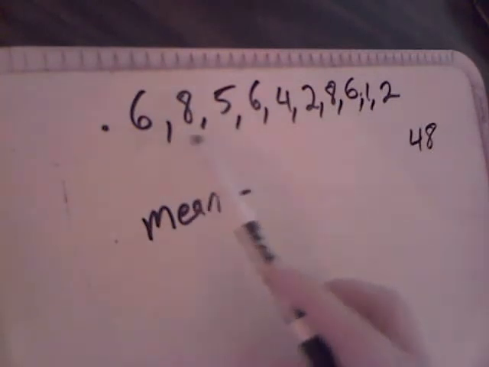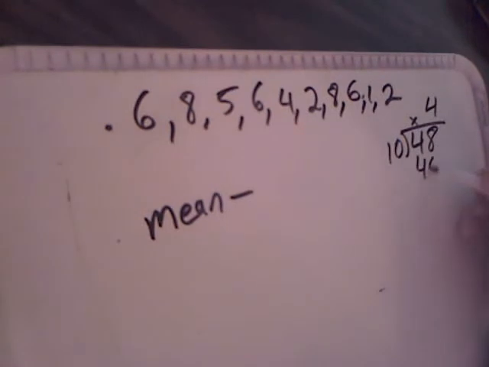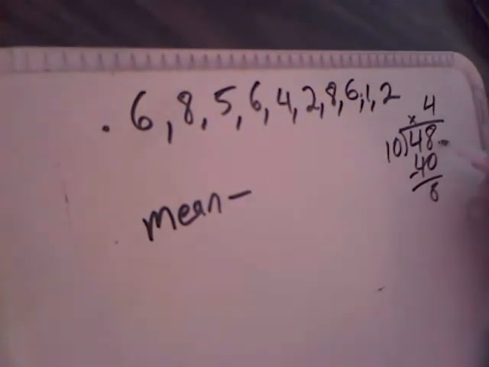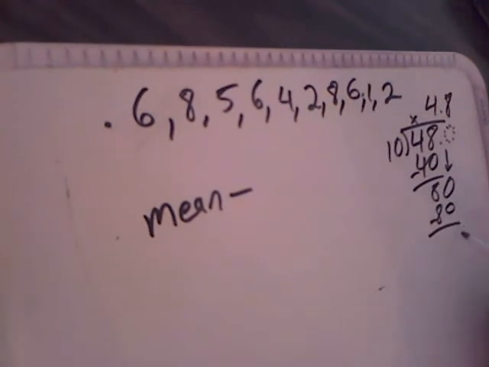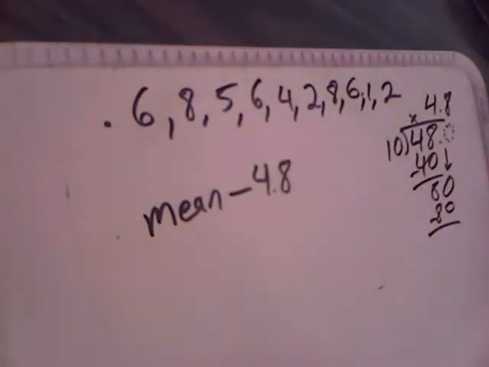And because there are 10 people who watched the movie, I'm going to divide that 48 by 10. 10 doesn't fit into 4, but it fits into 48 4 times. Put in my invisible 0 there with the decimal. 10 fits into 48 4.8 times. So my mean is 4.8. The average amount of times a person has watched this movie is 4.8 times.